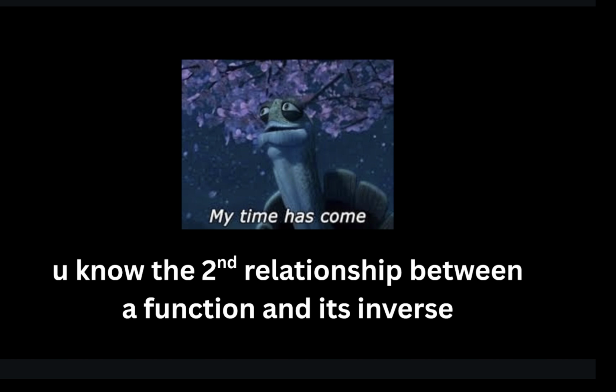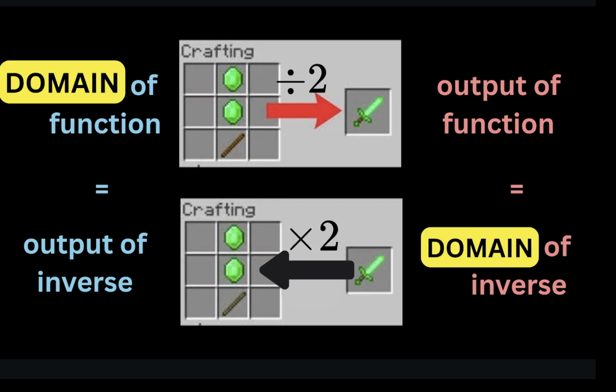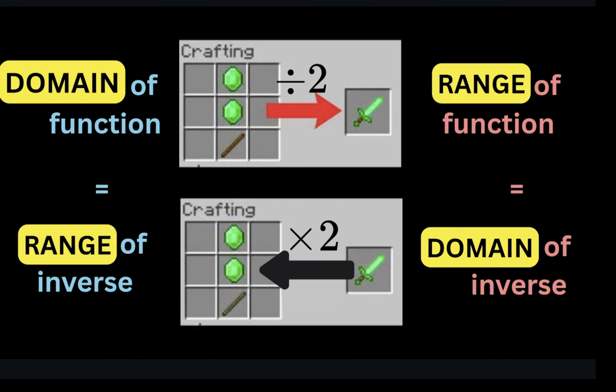Now that we know what domain and range are, it's time to introduce you to the second relationship between a function and its inverse. Remember this relationship? Yeah. Now just replace input with domain and output with range, which gives us the following.